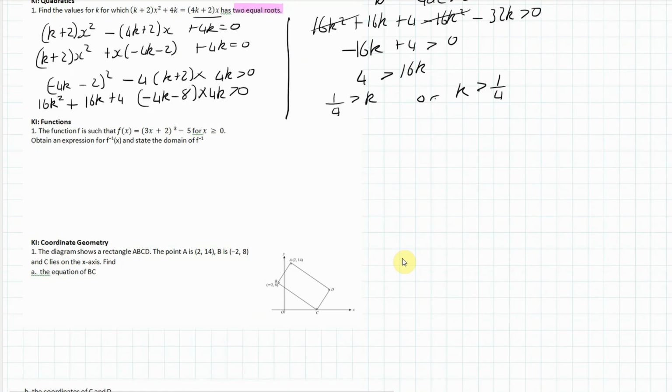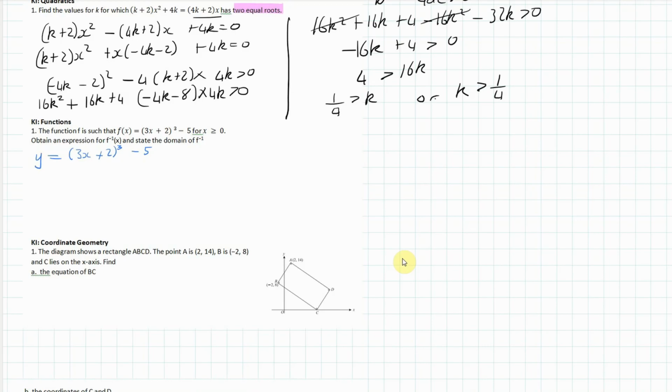Okay, so we need to write an expression for the inverse, and then state the domain. So first of all, I'll just write it out like this: y equals (3x plus 2) cubed minus 5. Okay.